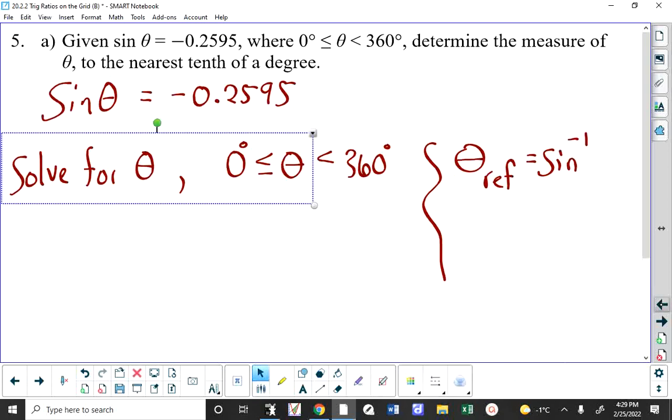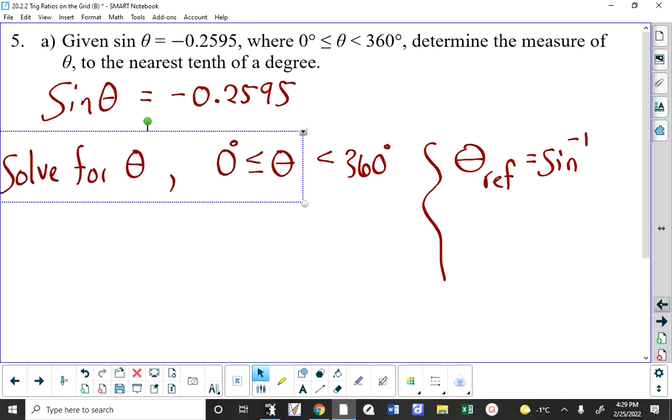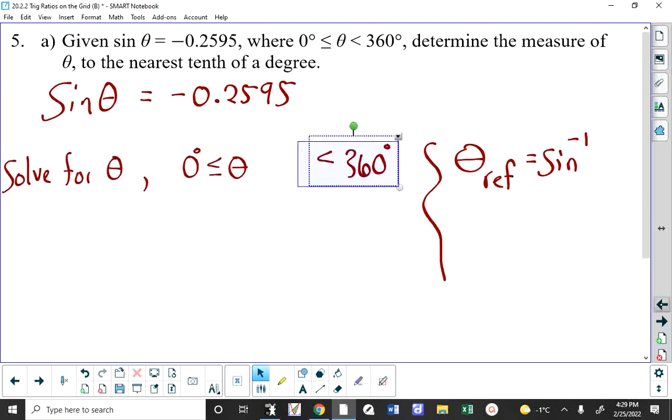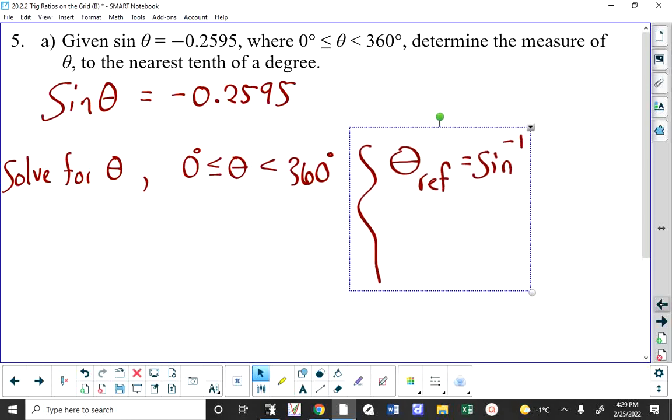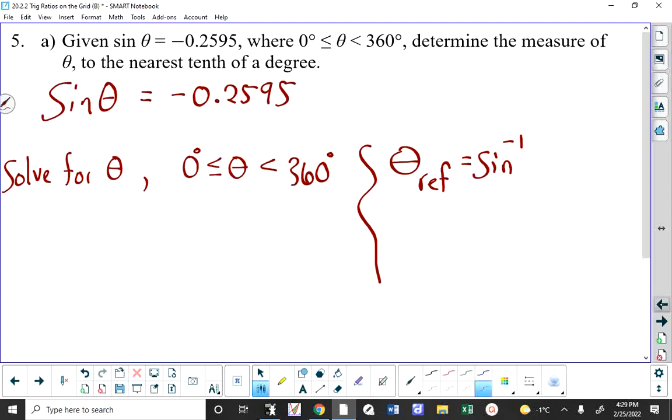Now, don't do any calculating just yet, because there's one other point that I want to make. The reference angle is the inverse sine of 0.2595.